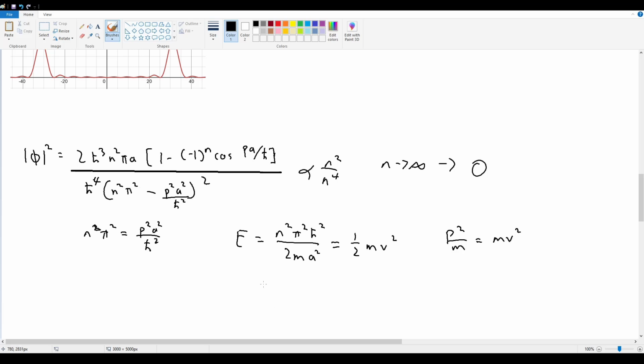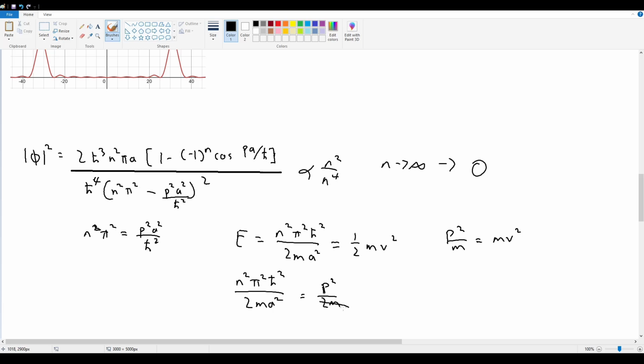So n squared pi squared h bar squared over 2m a squared is equal to 1/2 times p squared over m, so p squared over 2m.